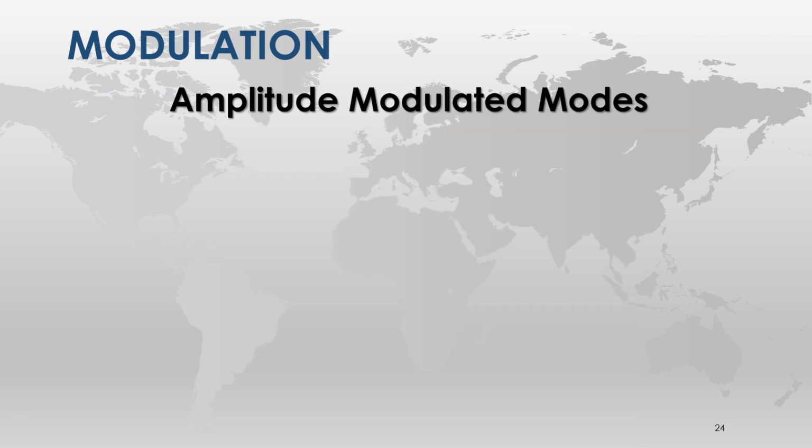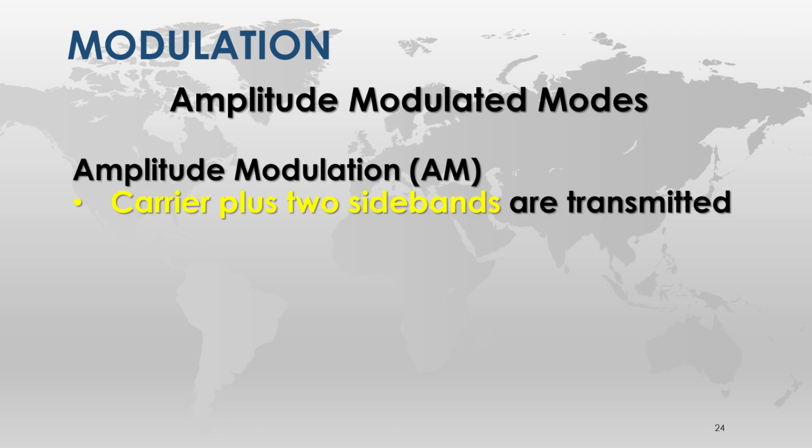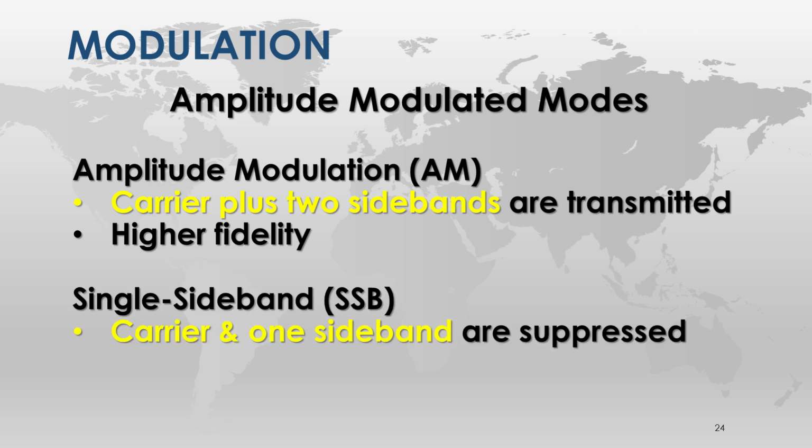Amplitude modulated modes, amplitude modulation is AM. Carrier plus 2 sidebands. You got the carrier going right down the middle, and you got 2 sidebands. Gives you higher fidelity, there we go. Single sideband, carrier and 1 sideband are suppressed. So AM is a carrier, and then 2 sidebands.